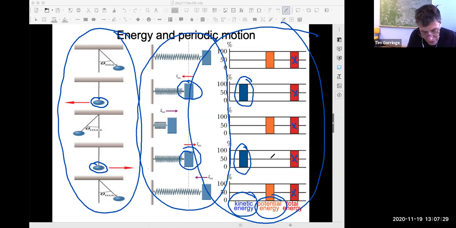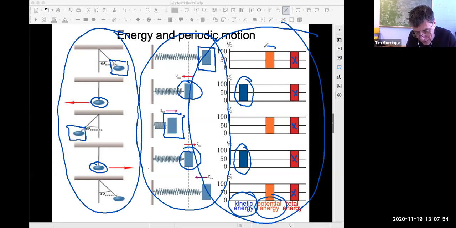And vice versa, when you're on the far right or you're on the far left for the pendulum system, or far right or far left for the mass spring system, those are the cases where the spring is most compressed, or the gravitational potential energy is largest.